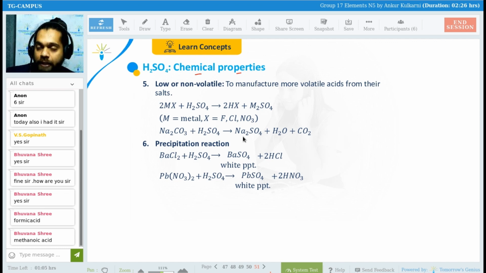Prashanti, Sajna, Ragul, Kirtini, what do you mean by volatile? Easily escapable. Volatile.